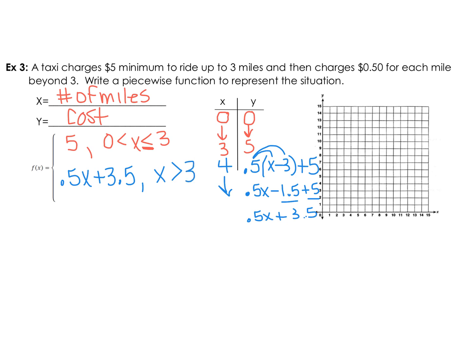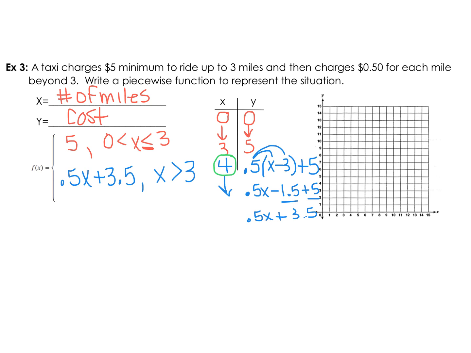And another thing that you can do is you can always plug in some numbers to see if you've got the equation right. So let's say I want to take this value of 4. We know, based on the function, it's going to be $5.50. That's what it should be, right? Because we're being charged 50 cents per mile above 3. Well, that's 1 mile above 3, which is 50 cents. If I add it to that 5, it should be $5.50.